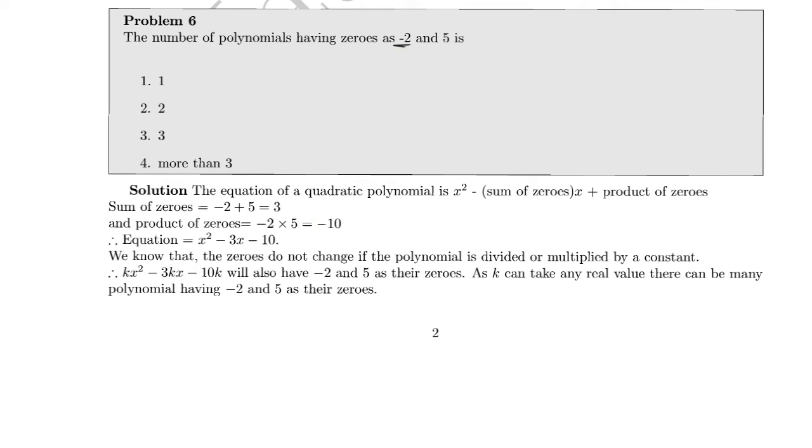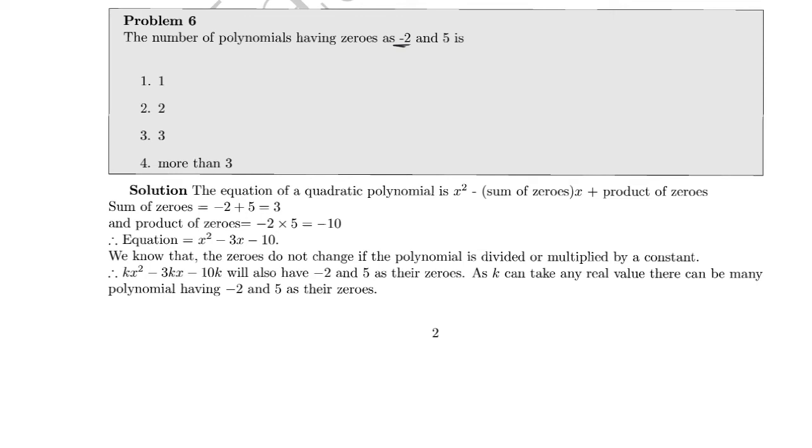Now we know that if we multiply or divide a polynomial by any arbitrary constant, then there is no change in the solution or the zeros of that polynomial.